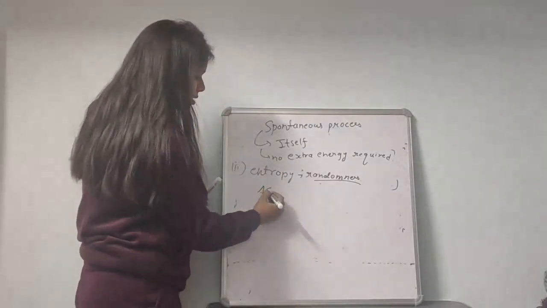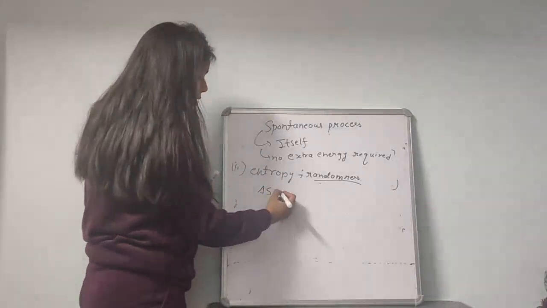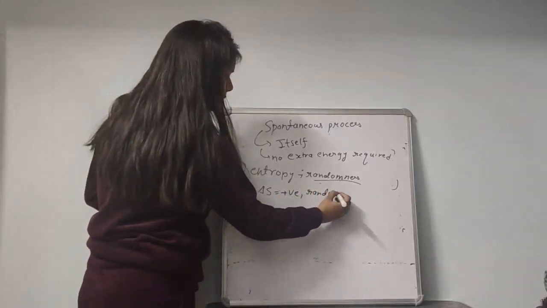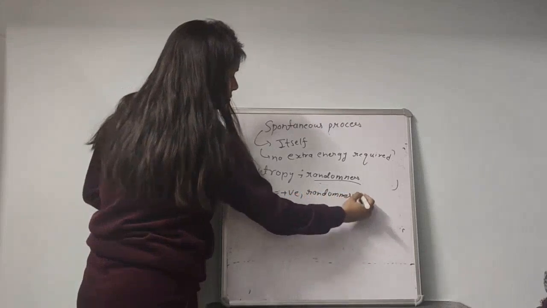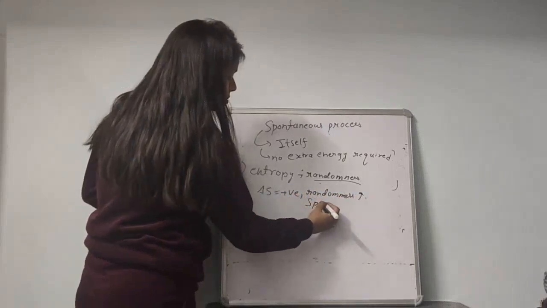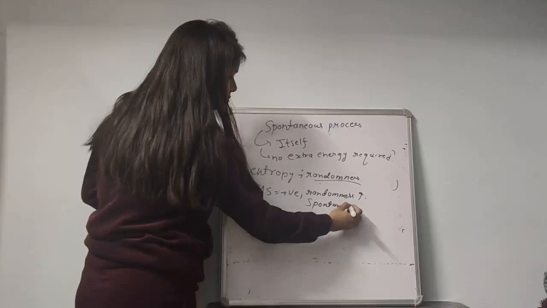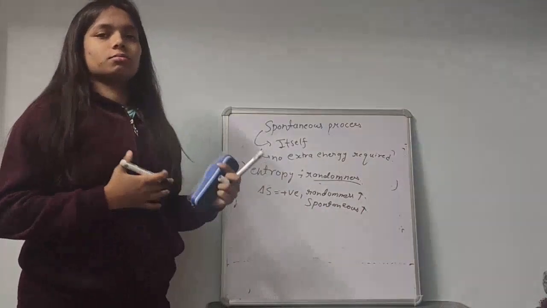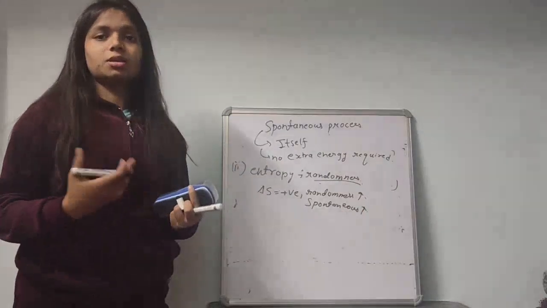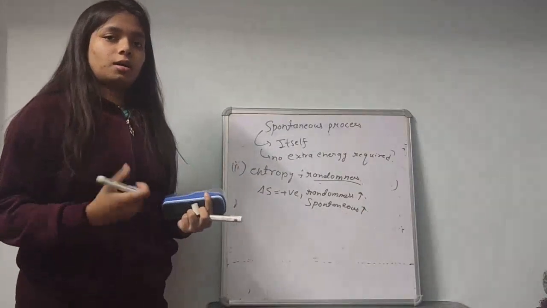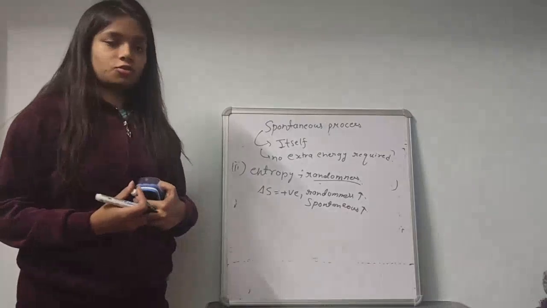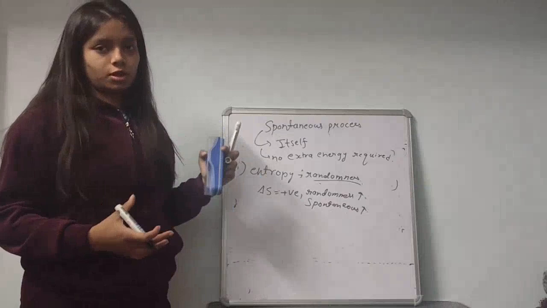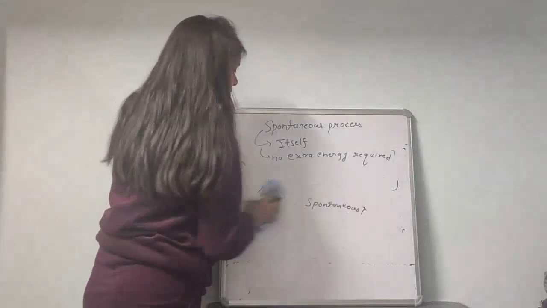It is represented as S, and when randomness is increasing, the reaction becomes spontaneous. But there are certain reactions in which the randomness is decreasing, but they are still spontaneous reactions. So this theory is also not 100% true to check the spontaneity of a reaction.